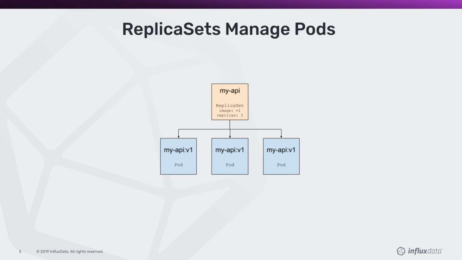Well, arguably we can, but just trying to think through this as an exercise. Would we want to delete the replica set and create a new one with the version 2 image, or would we want to edit the replica set, which we can do technically, and change the image name, or would we want to create a new replica set and then delete the other one?